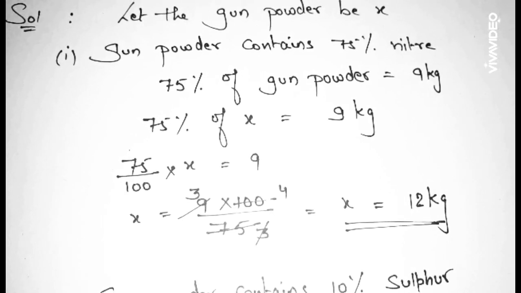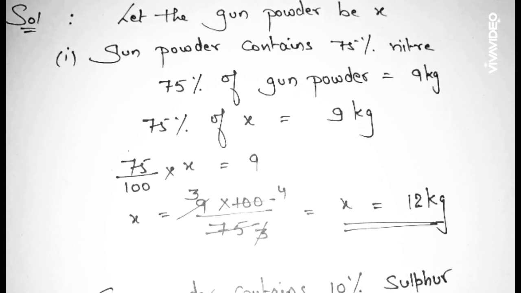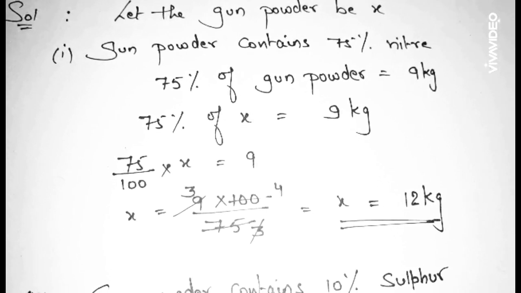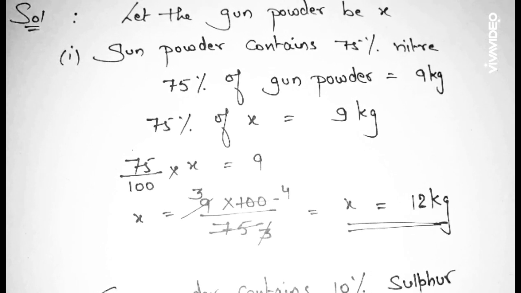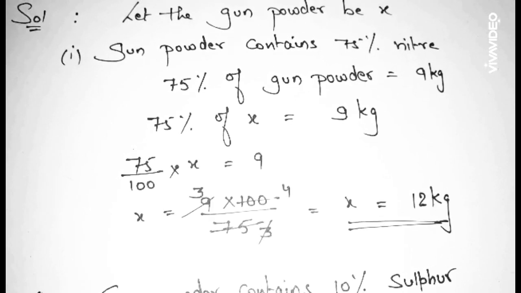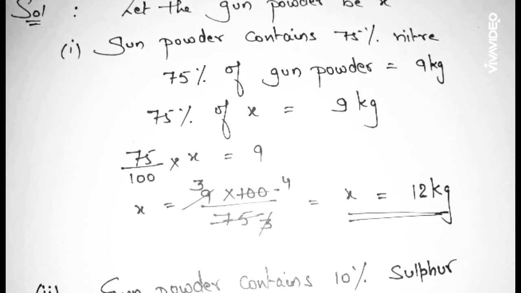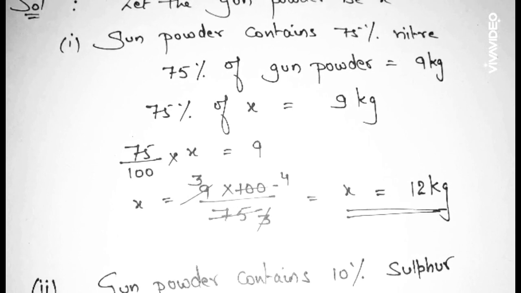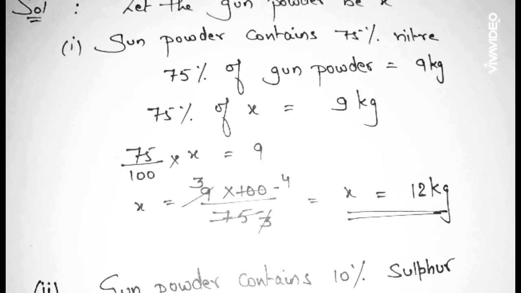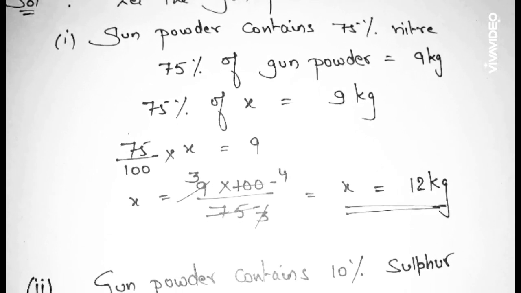Now gunpowder is X, so 75% of X is equal to 9 kg. So we know how to solve. 75 by 100 into X equals 9. By the method of transposition, we will find the value of X. So basically X is the amount of gunpowder which is carrying 9 kg niter.